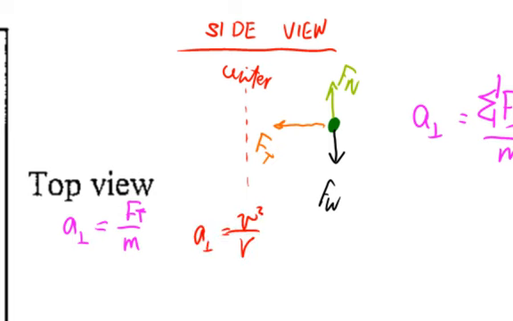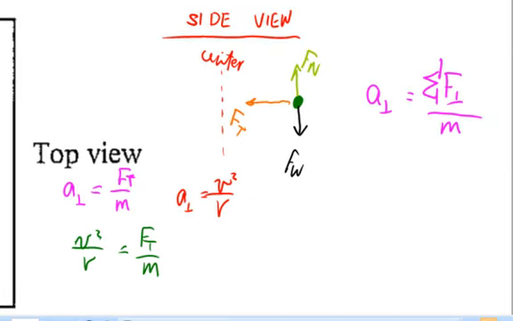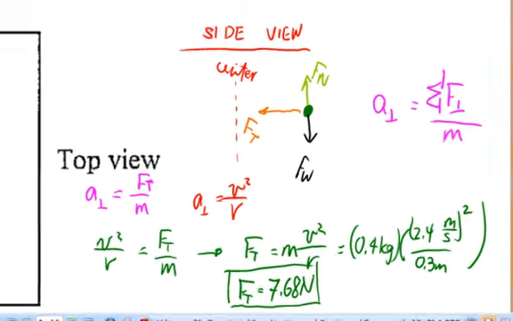Now that I have an expression for the centripetal acceleration, I can equate these things together. And now let's solve that equation for the tension force. And let's feed in the numbers. And now plug those numbers into your calculator. Note that everything needs to be in MKS units, and don't forget to square the speed. I get that the string tension is right at 7.7 newtons.